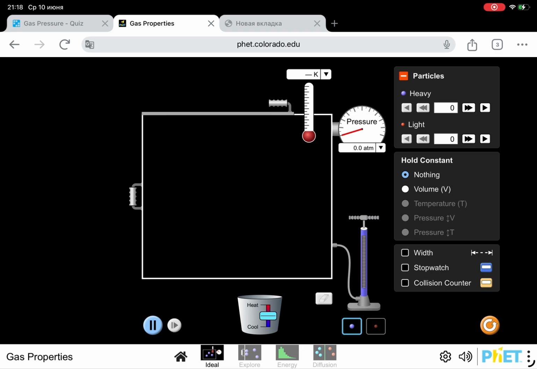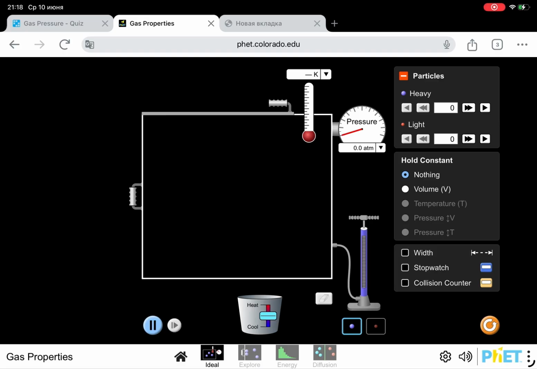Choose ideal gas. On the screen we see a container, a barometer for measuring pressure, and a thermometer for measuring temperature.